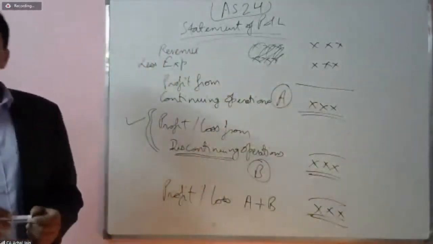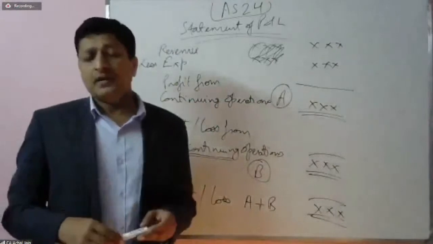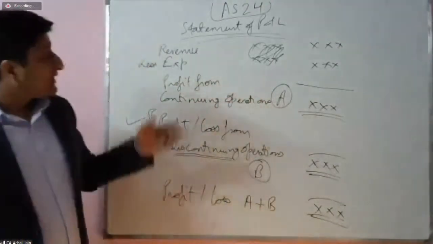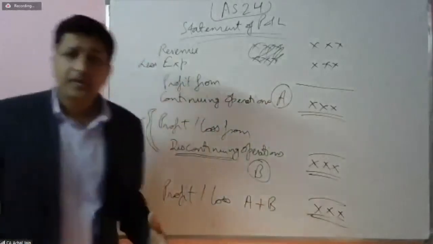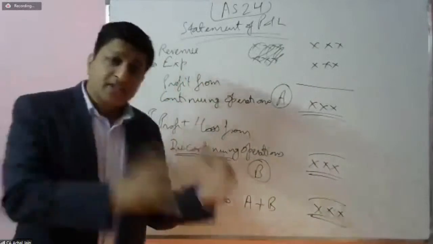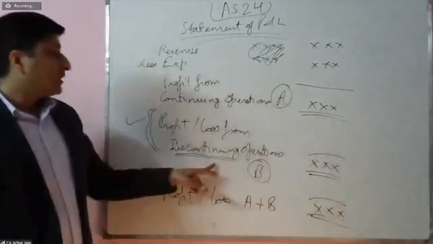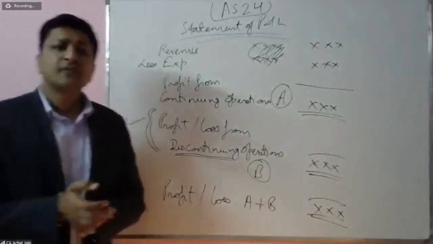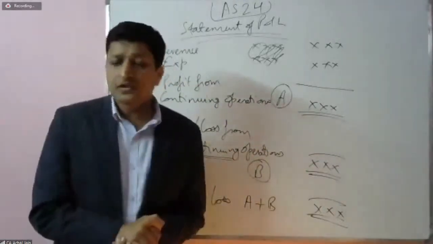So that the users are able to understand that out of the financial numbers they are looking at, whether it is about the balance sheet or the P&L or some other part of the financial statements, what is the part which belongs to the discontinuing operations. So this is one of the presentation requirements.